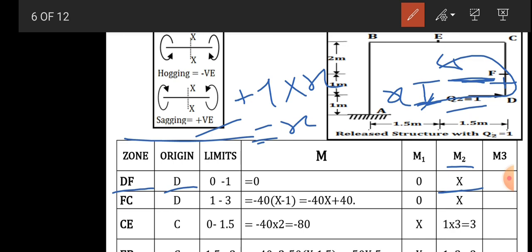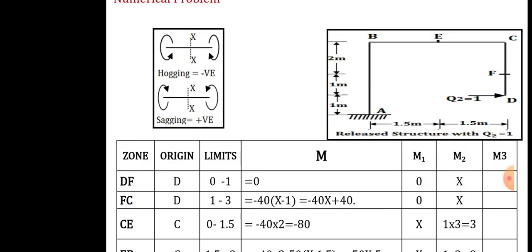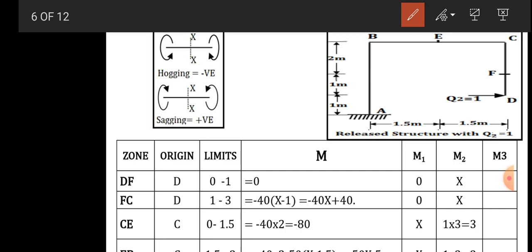Now we consider the next zone, FC zone. If you consider the FC zone, there will be the same value. Let's see, draw the imaginary axis in the FC zone, and this is drawn at a distance of x from the origin.